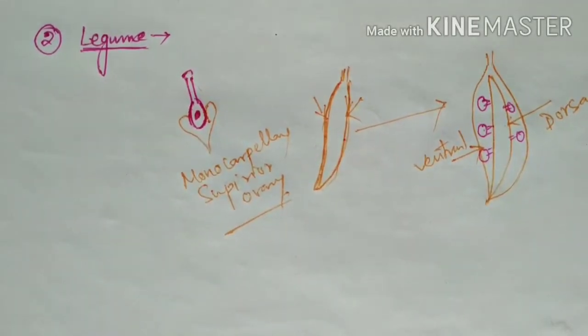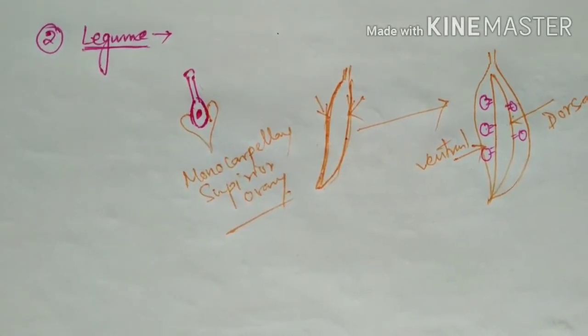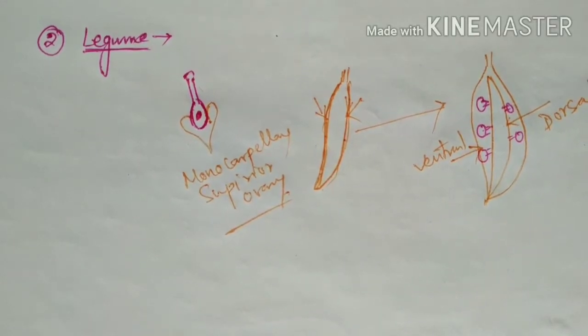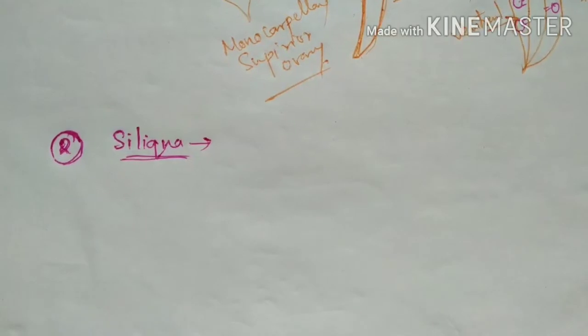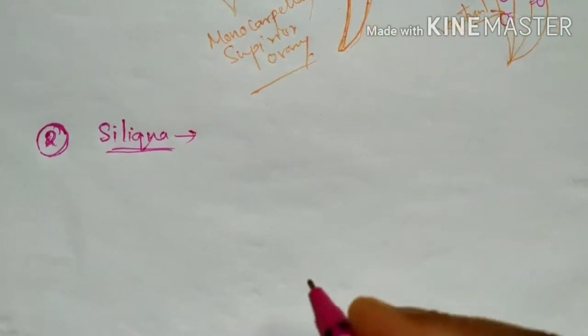The next type of simple dehiscent fruit is Silicua. In this type, fruit develops from a superior bicarpellary ovary.